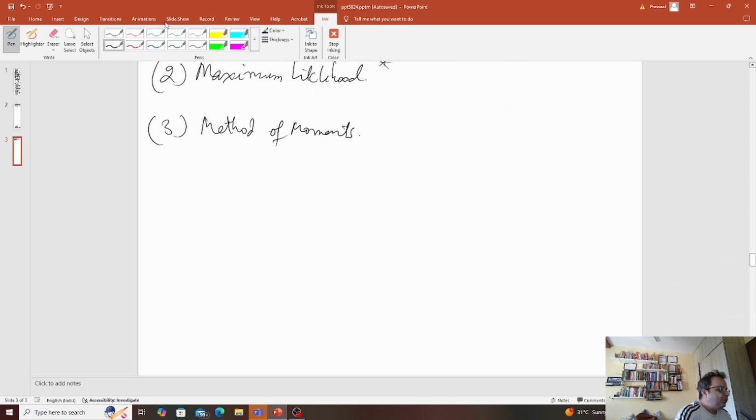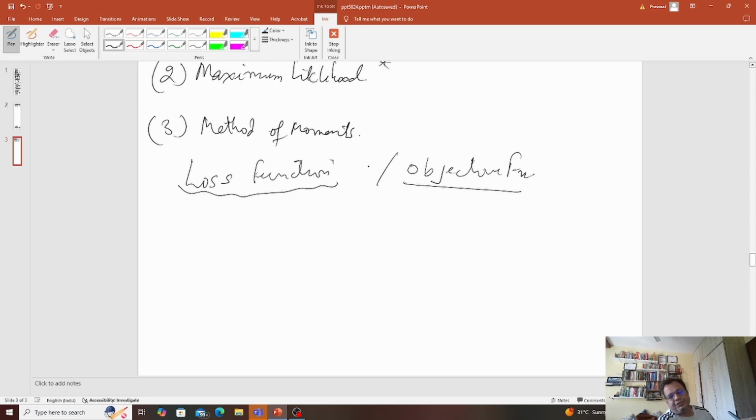Okay, so let's start with what is actually a loss function. It all starts with this loss function. You can also call this an objective function, and this is very important.